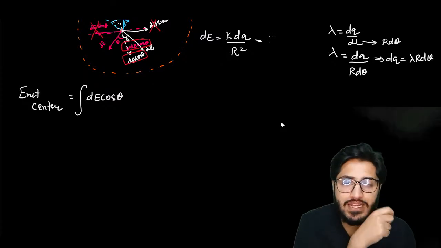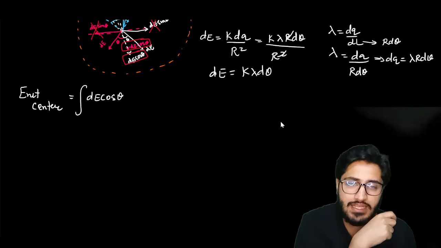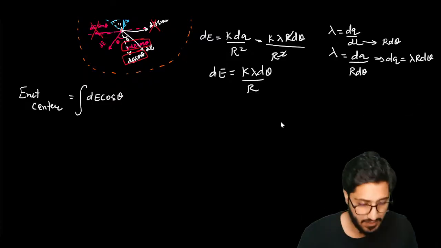So here I can write k lambda r d theta whole divided by r square. One r cancels out, so my dE came out to be k lambda d theta by r.